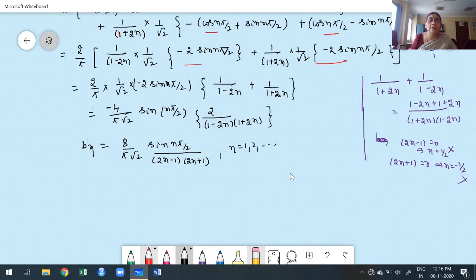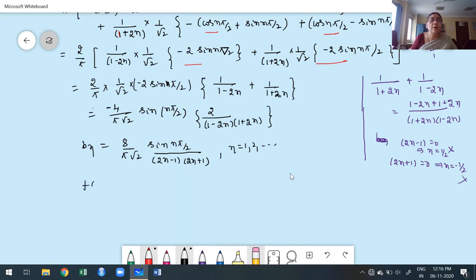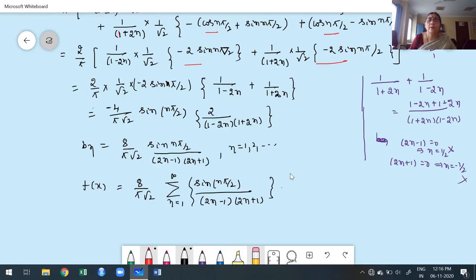Now we are going to construct the Fourier series. What is my Fourier series? f of x is equal to 8 by pi, root 2 is a constant, keep it outside, summation n ranging from 1 to infinity, sin of n pi by 2 divided by 2n minus 1 into 2n plus 1, into sin of 2nx.